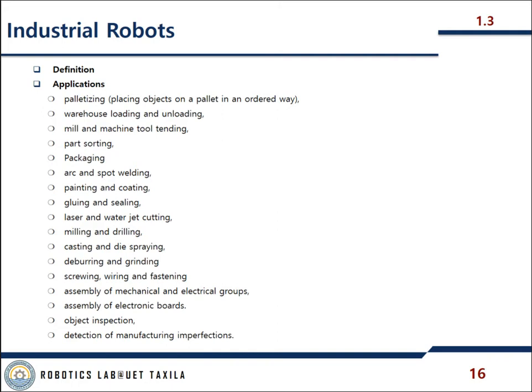Typical applications include palletizing, I mean placing objects on a pallet in an ordered way, warehouse loading and unloading, machine tool tending, part sorting, packaging, arc and spot welding, painting and coating, gluing and sealing, laser and water jet cutting, milling and drilling, casting, and many more.